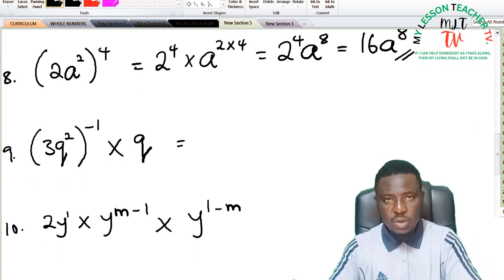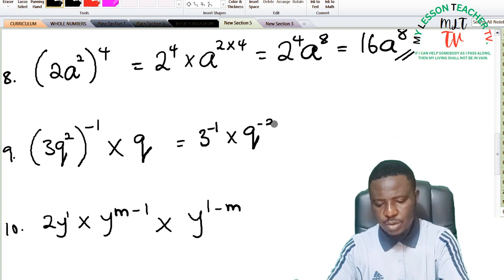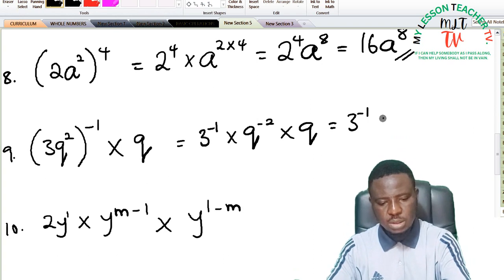Question 9. You can either use the negative power law or the product law, which will give you 3 raised to the power of minus 1 times q raised to the power of minus 2 times q, which is equal to 3 to the power of minus 1 times q to the power of minus 2 plus 1.